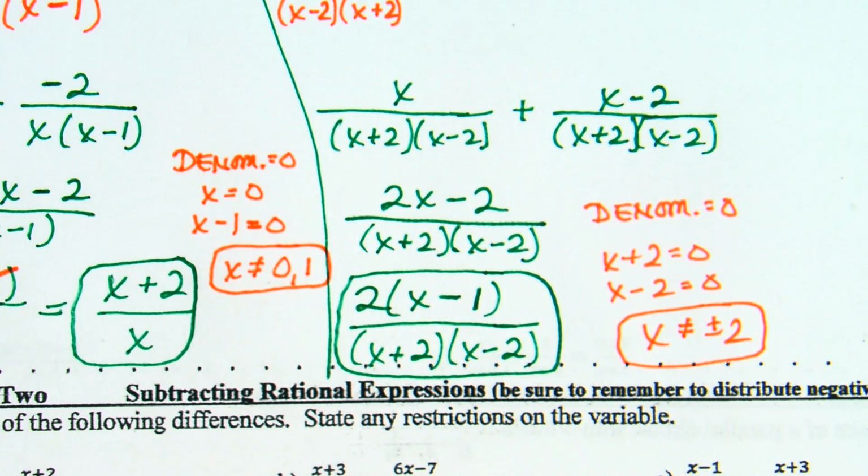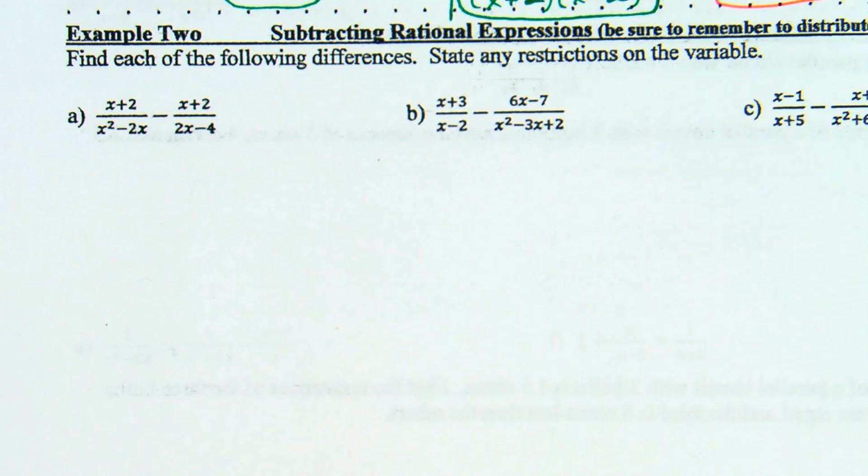An x. So there's a GCF of x here. What about my second denominator, 2x minus 4? GCF again, this time my GCF is 2. So if I factor out a 2, divide both those by 2, I have x minus 2.